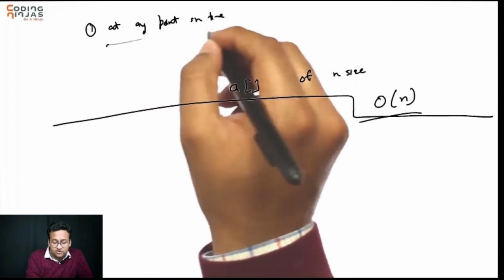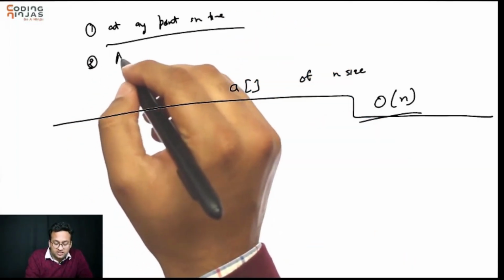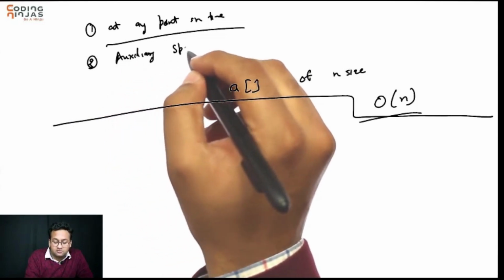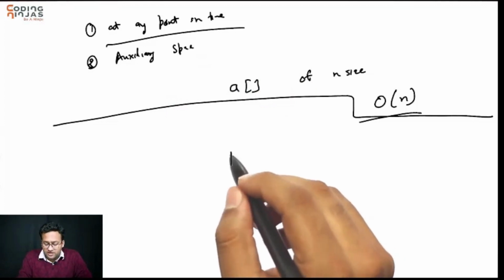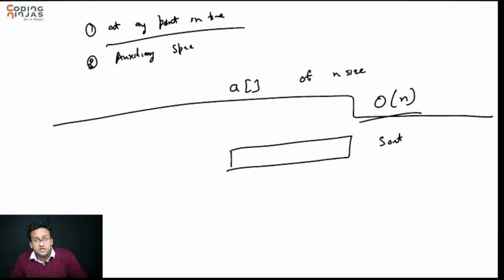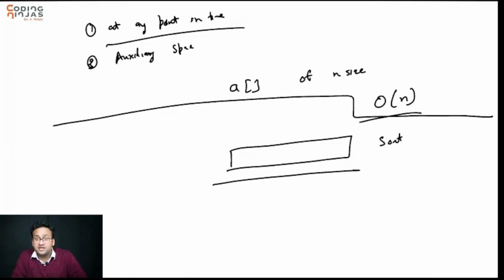The second thing that you need to take care of is you only count the auxiliary space. This is the extra space that you require. If I tell you, hey, take this array, sort it, obviously your algorithm needs this array to sort it. Unless I give it an input array, how will it sort that array?